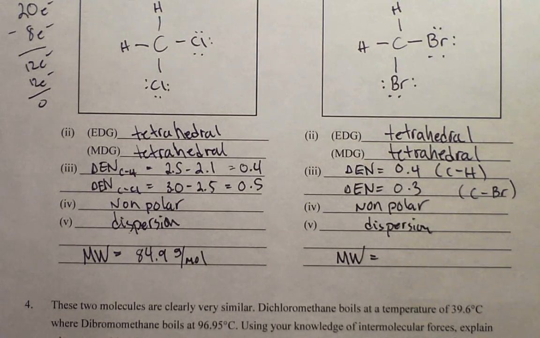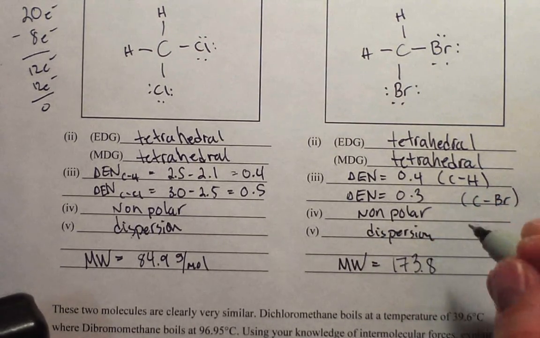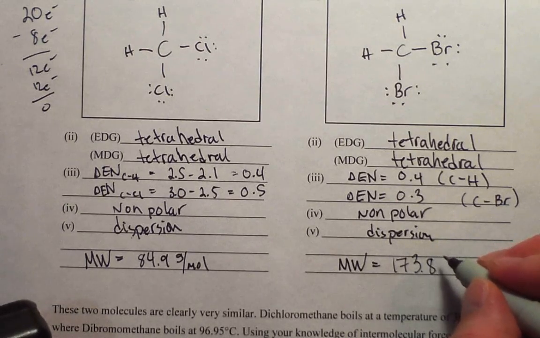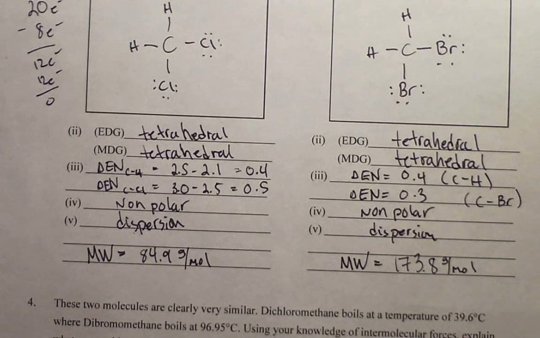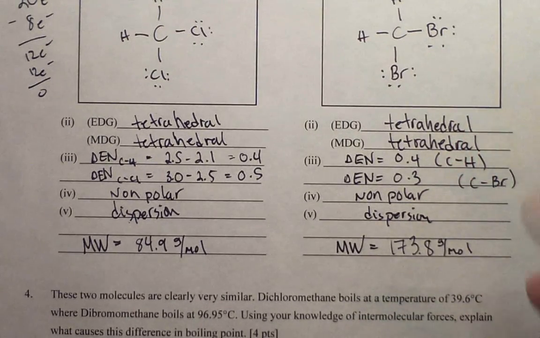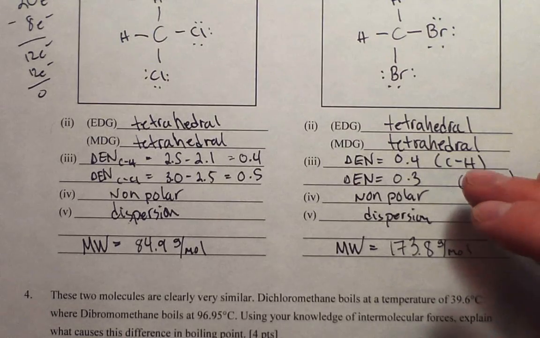And bromines are 79.9 grams per mole times 2 plus 12 plus 2 is 173.8 grams per mole. So pretty big difference between the two of them. Basically a factor of 2 in their molecular weight.